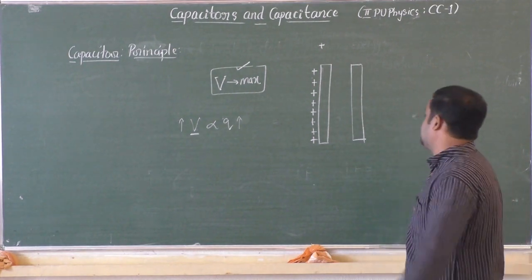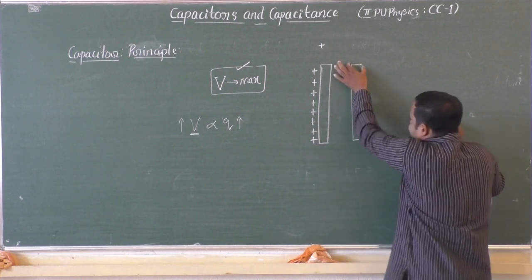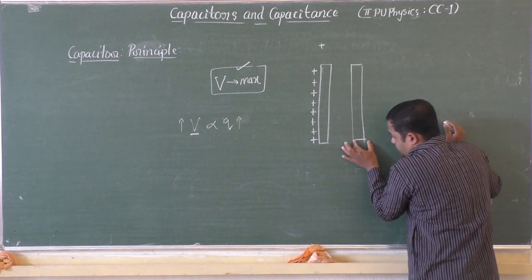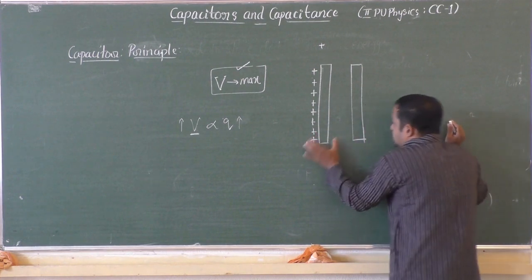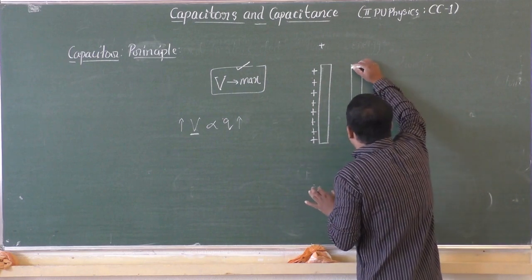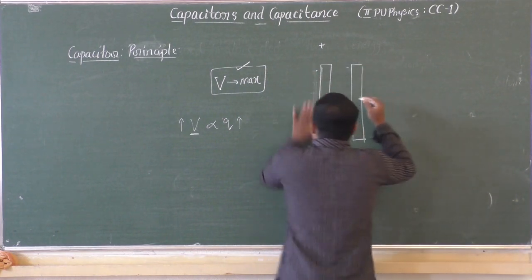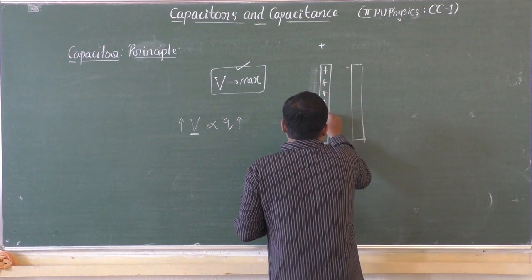So due to that, this material consists of equal numbers of positive and negative charges. This conductor is positively charged. So negative charges in case of this conductor will be attracted towards this side. So for example, this is positively charged.